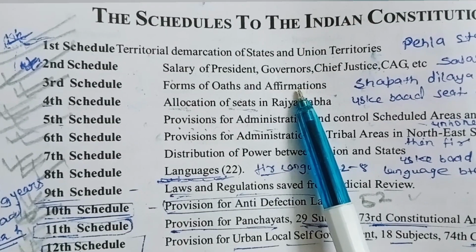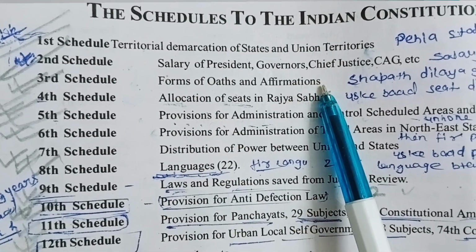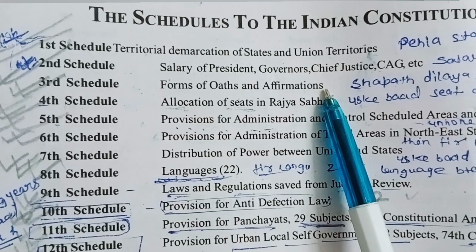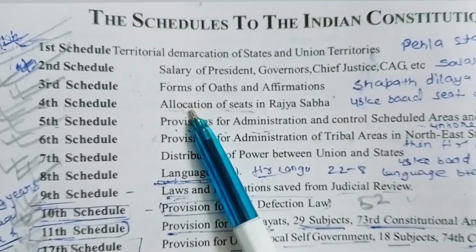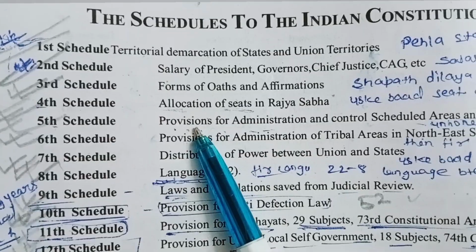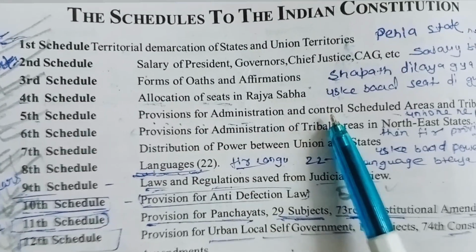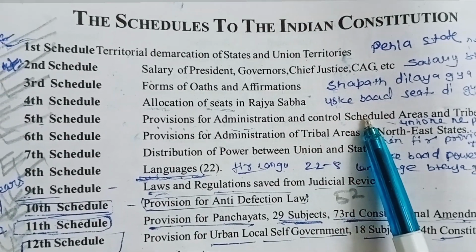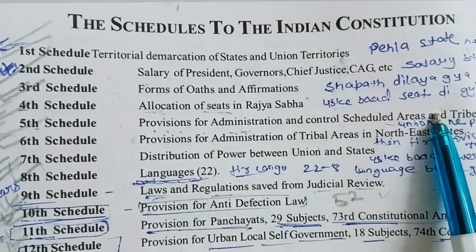Fourth schedule, allocation of seats in Rajya Sabha. So you can remember like this: territory, salary, then oath, then seats, then provisions for administration and control of scheduled areas.